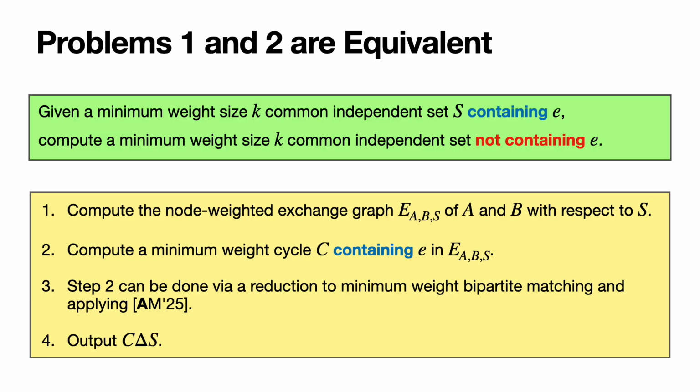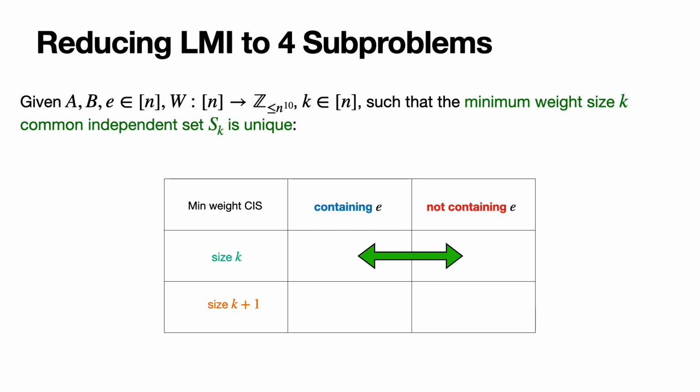Finally, we can just output the symmetric difference of C and S. Right? So this doesn't show equivalence, by the way, but the other way around works exactly the same way. Okay? So given one not containing E, we can find one which contains E by doing exactly the same thing, computing the exchange graph, finding a minimum weight cycle, and then outputting the symmetric difference. Okay. So this idea shows that both of these problems are equivalent.